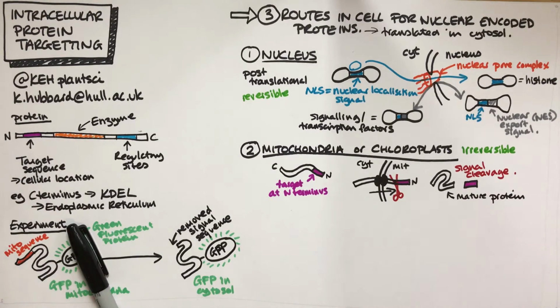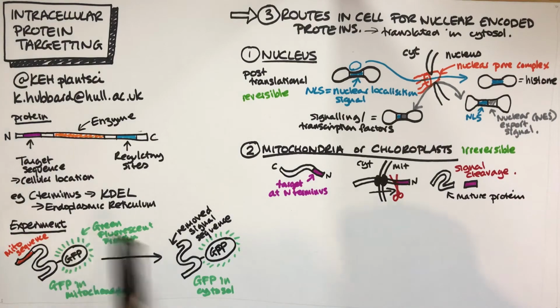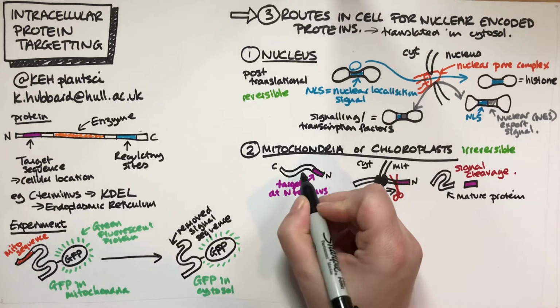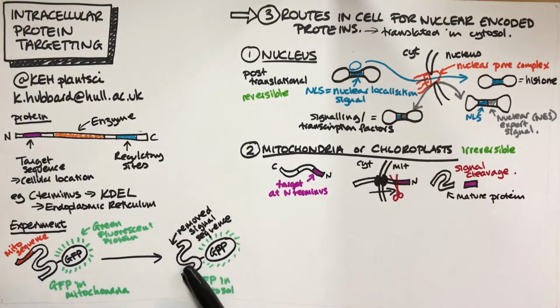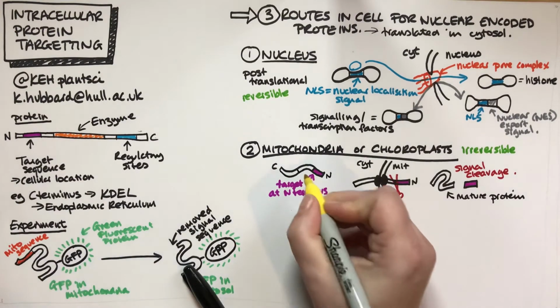If you want to get targeted to one of the locations within the mitochondria, so you want to go into the mitochondrial inner membrane, or you want to go into the thylakoids of the chloroplasts, there are in fact other signal sequences behind it. So you might have the original N-terminal sequence there, but then you might have a second sequence just behind it.